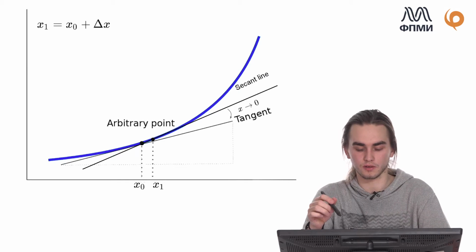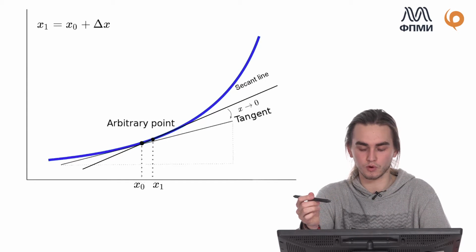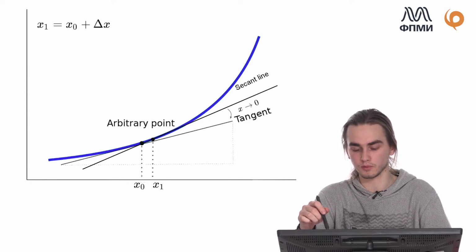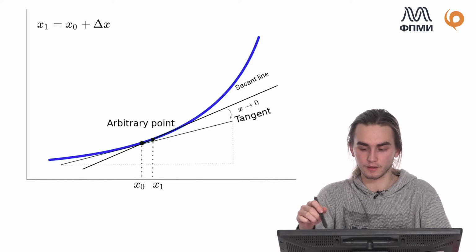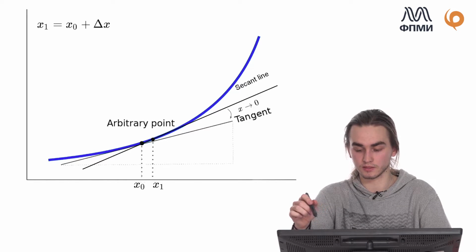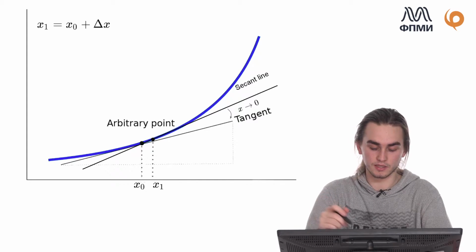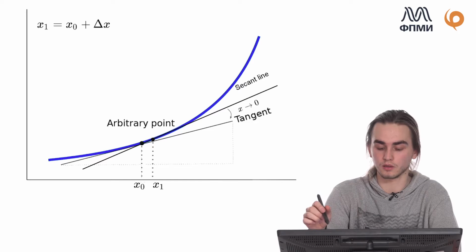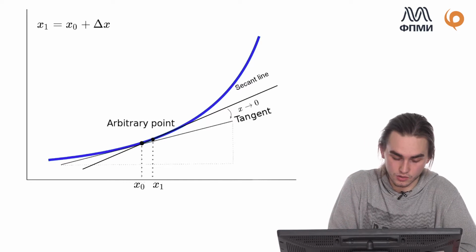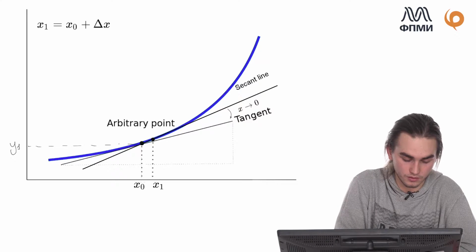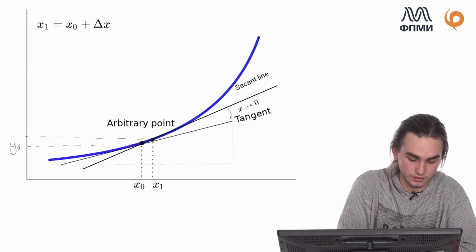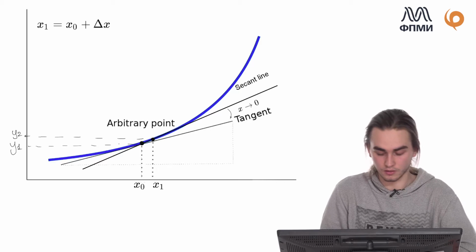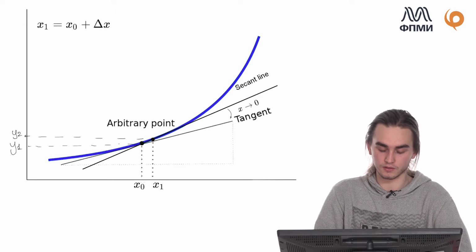Okay, here is a more complex case which I was talking about. Here are two lines, one secant line and one tangent line, and basically here is shown what is happening if it's not a linear case. So here you can see one coordinate, here is another coordinate, and these are others.